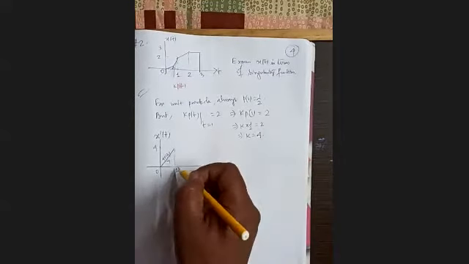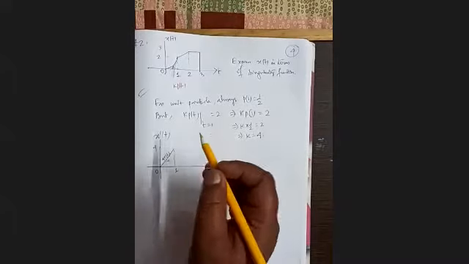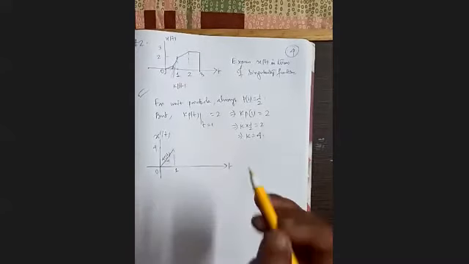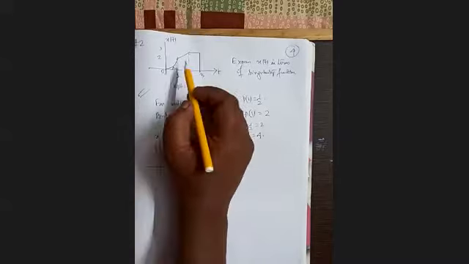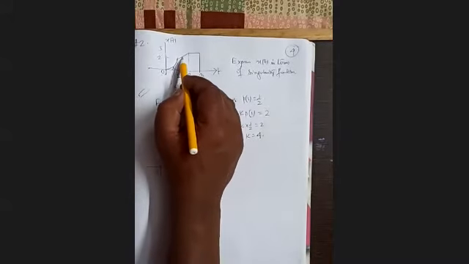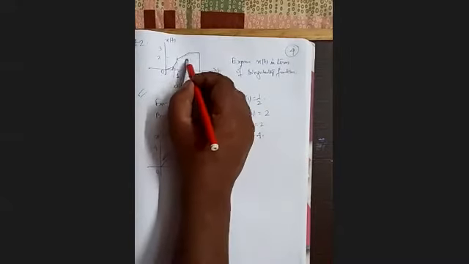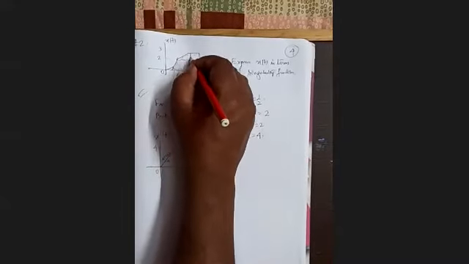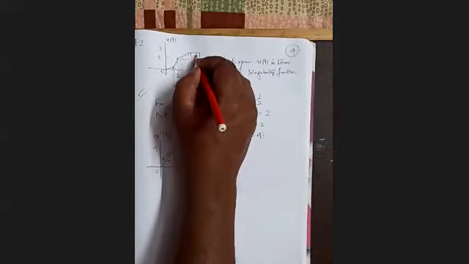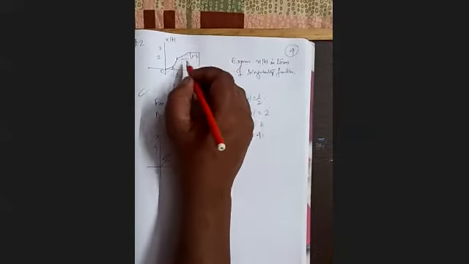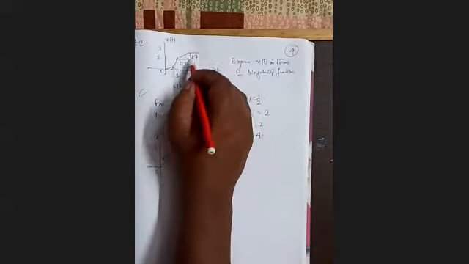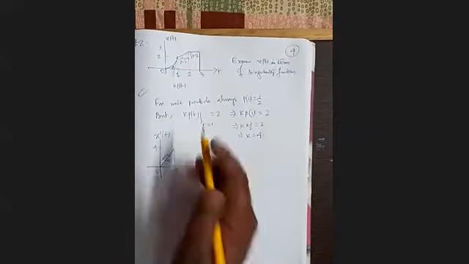So for 4 r(t), its value will be 4 because its slope is 4. Then from between 1 to 2, what is the slope? Slope is always this by that. So this height is 3 minus 2, and here it is 2 minus 1. So the result is 1 by 1.